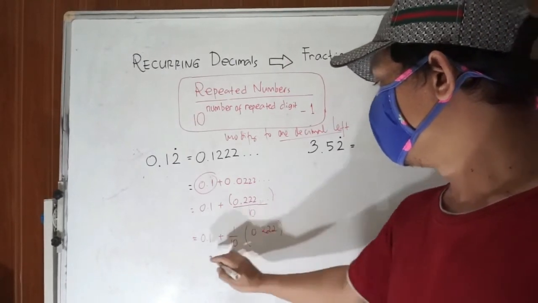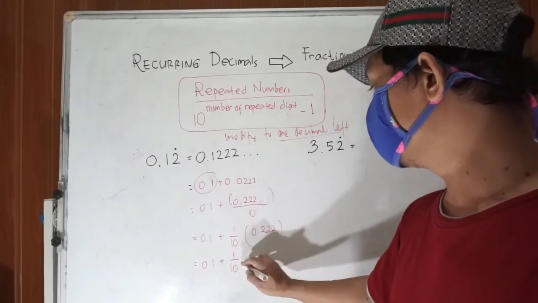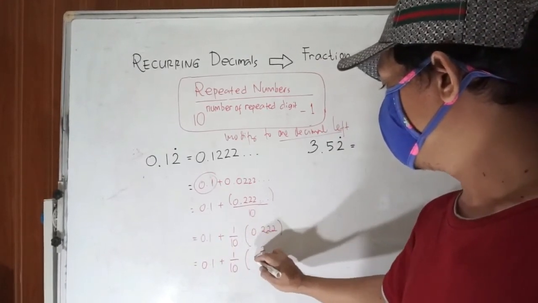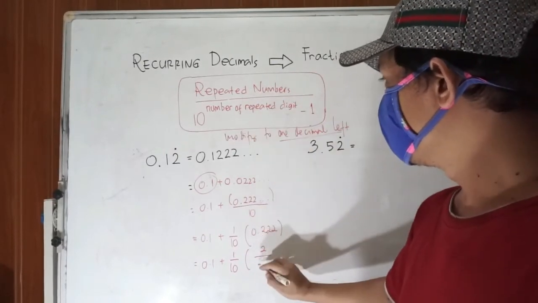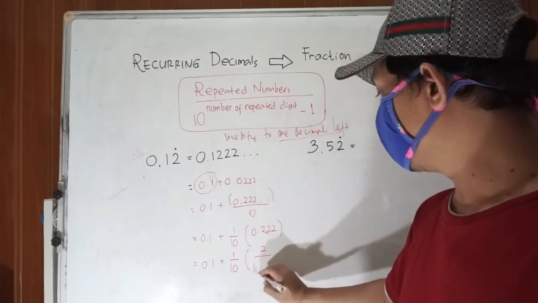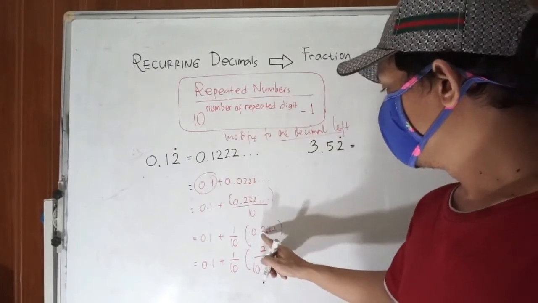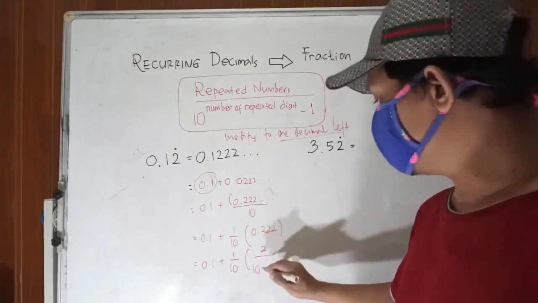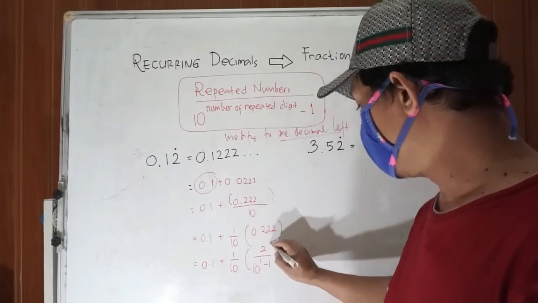Now we have 0.1 plus a tenth of 0.222, right? So 0.1 plus a tenth of 2 over, this is the formula, the repeated number is 2 over 10 power the number of repeated digits. Only one digit, 2, one digit. 10 to the power 1 minus 1, so 9.